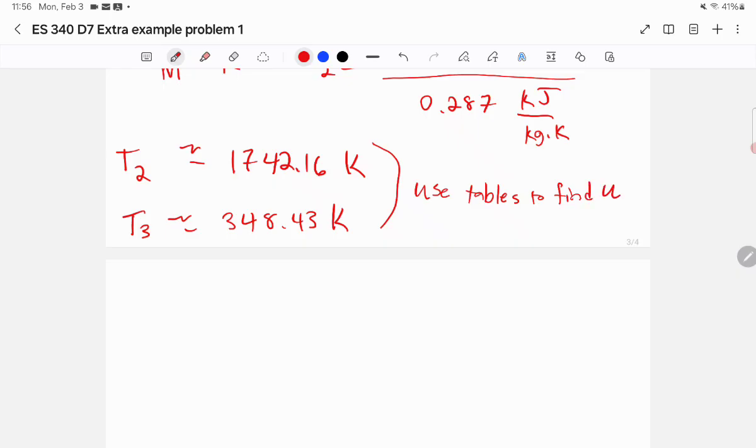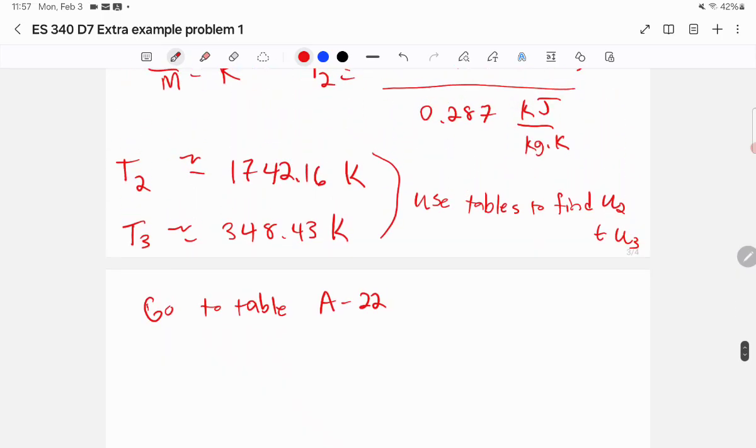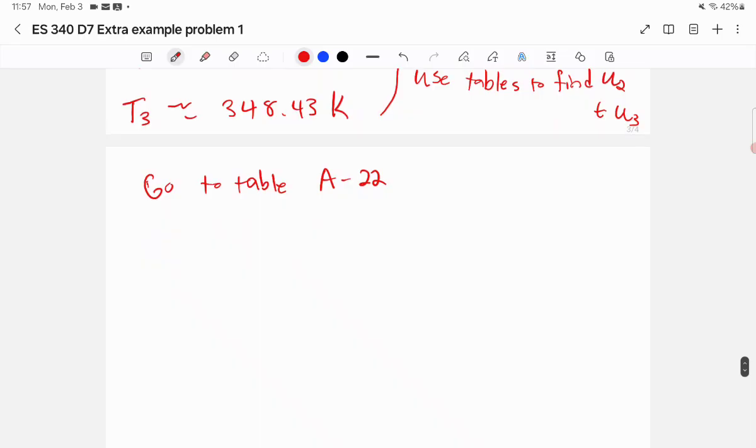Okay, so I need to find U2 and U3. We can do that by going to table A22, and we find, unfortunately, we don't have exactly 1742. So we find, let's call it TA is equal to 1700 on the table.